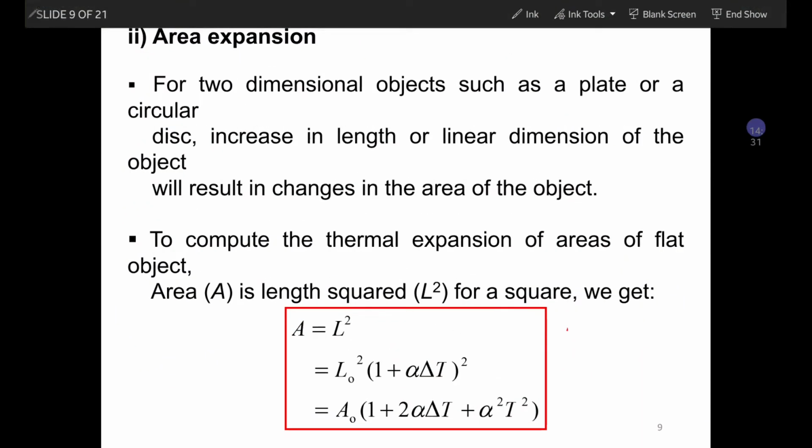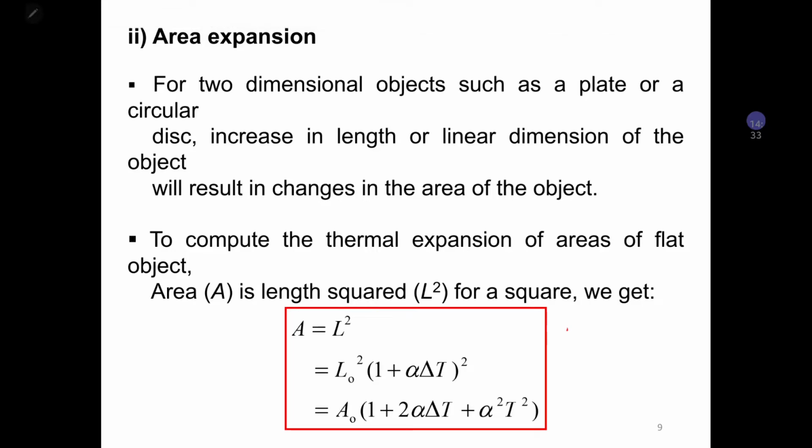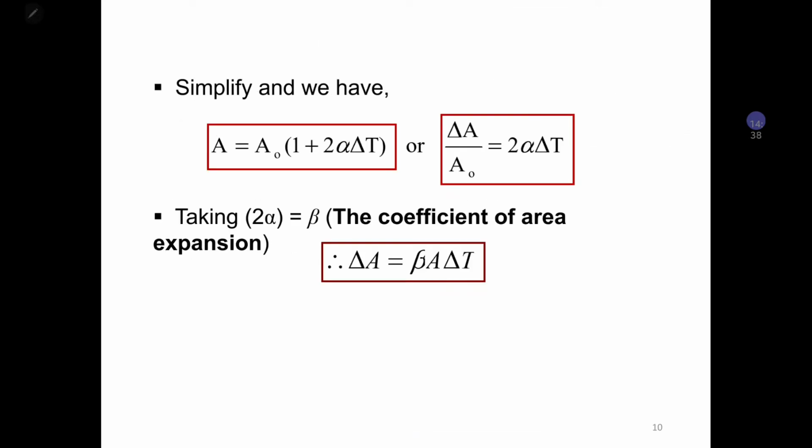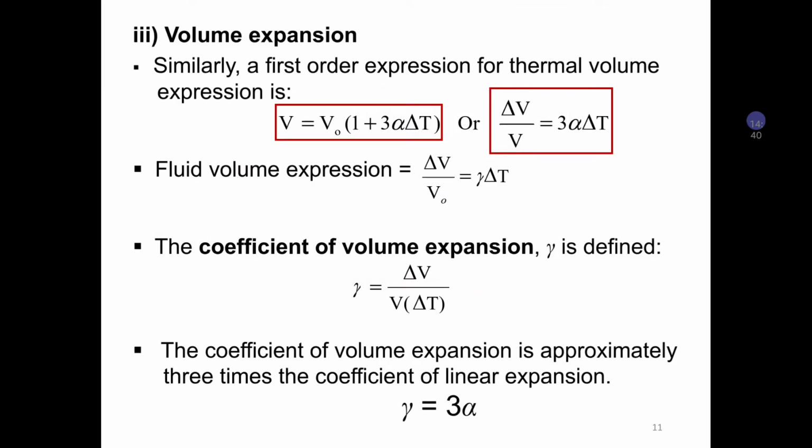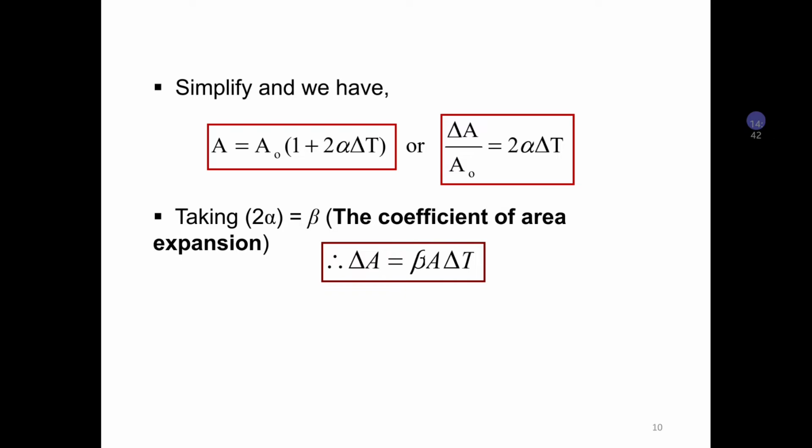Okay, so back to the equation. So I think I already explained that one. Okay, and simplifying, we get A is equal to A naught times 1 plus 2 alpha delta T. Change of A divided by A naught, you get 2 alpha delta T. So if you change this one, you get beta.